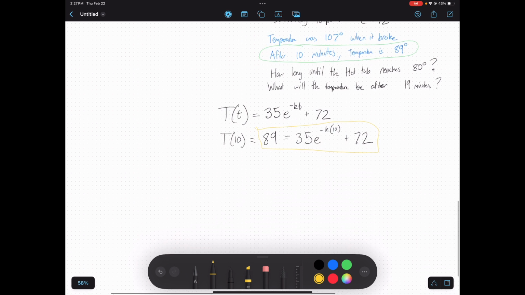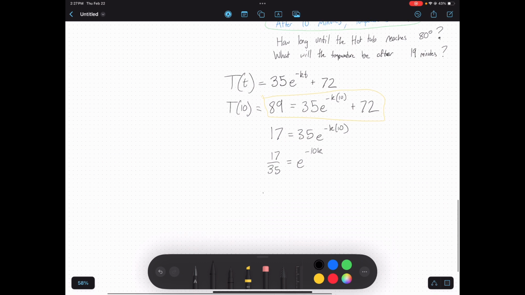Okay, I'll subtract 72, and that gives me 17 equals 35 e to the negative k times 10. Divide by 35, I get 17 over 35 equals e to the negative 10k. I just switched the order of the 10 and the k. I'll take the natural log of both sides. This gives me the natural log of 17 over 35 equals negative 10k.